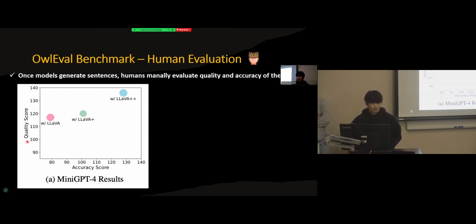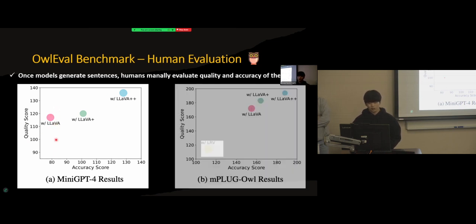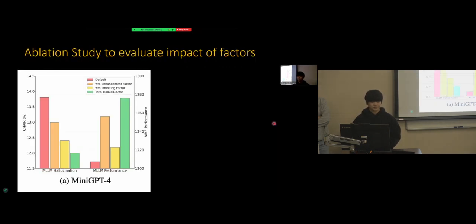The Y-axis stands for the quality score, and the X-axis stands for the accuracy score, and also they use MiniGPT-4. As you can see, LLaVA+ and LLaVA++ outperform LLaVA in terms of the quality score and the accuracy score. And this is the experimental result on the mPLUG-Owl. So you can see this graph shows a similar trend with the previous one.